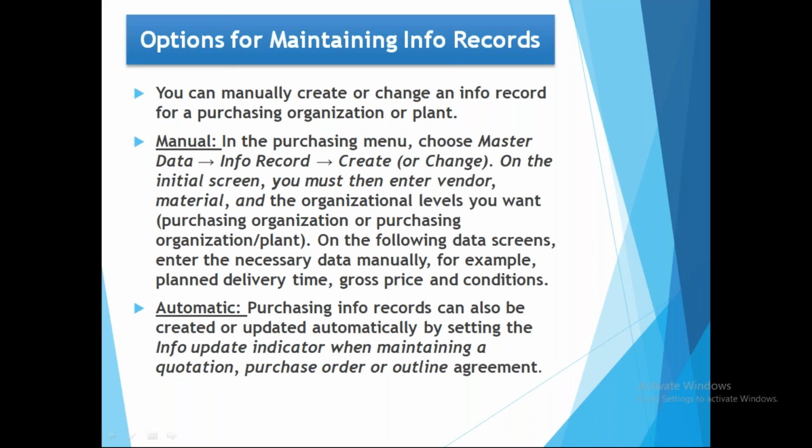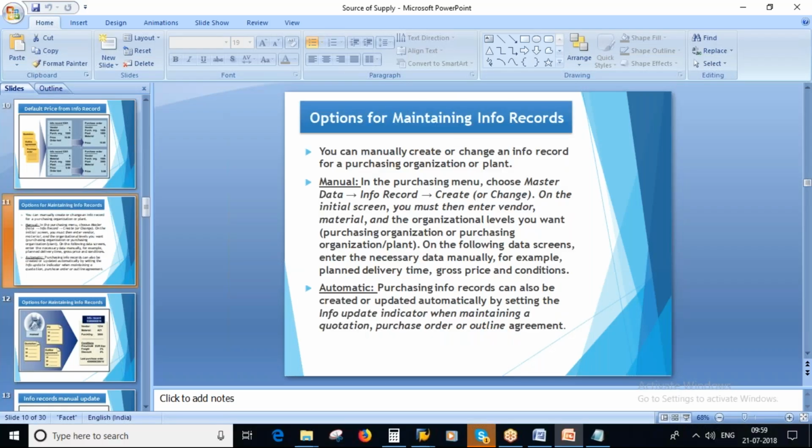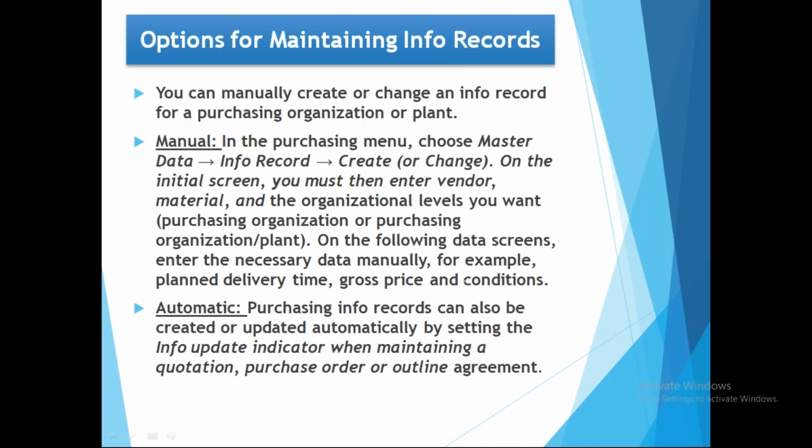Okay, now next one, what are the options for maintaining the info records? So info records can be maintained in two ways. You can manually create or change an info record for a purchasing organization or plant. Either you can create manually, which I have shown you, with the transaction ME11, or you can change by going to ME12.